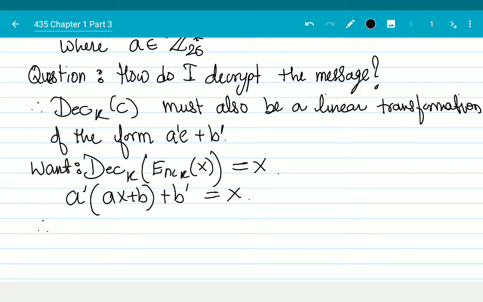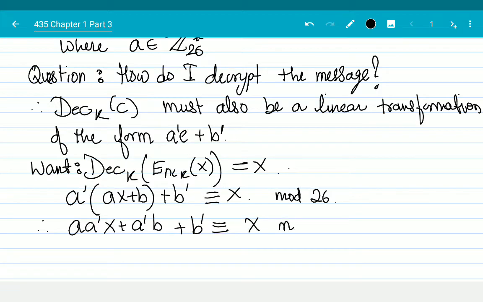Therefore, mod 26, congruent to x mod 26. And so I get a prime a x plus a prime b plus b prime is congruent to x mod 26.